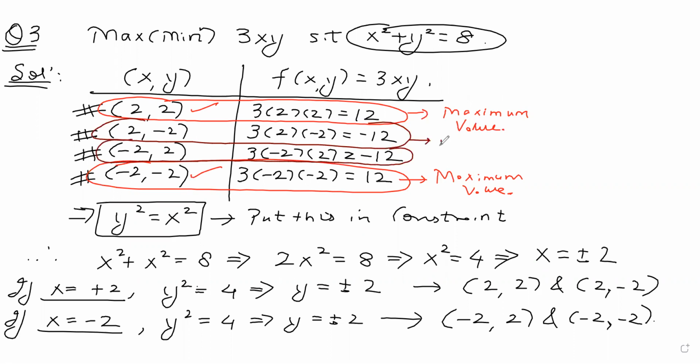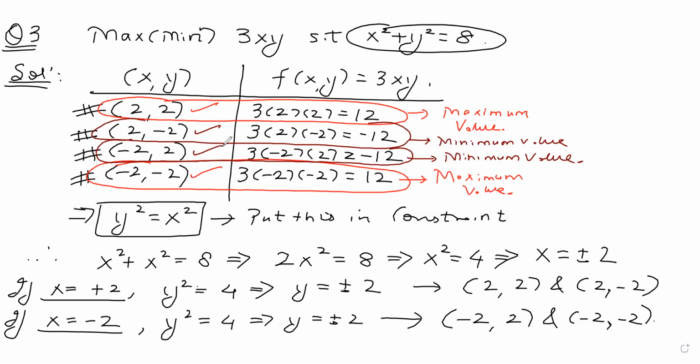So this also gives you the minimum value, which is minus 12. And this minimum value is happening at x comma y taking the value 2 comma minus 2 and minus 2 comma 2. So hoping all students have understood this particular question.